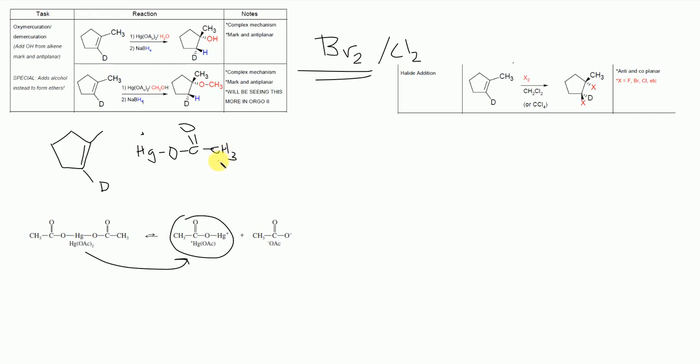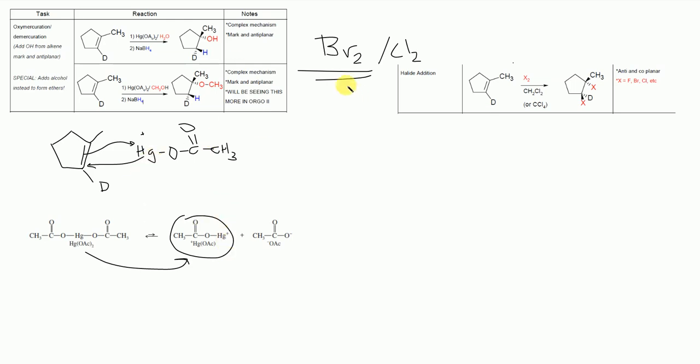So the double bond attacks this Hg, and the Hg attacks back, just like with the Br2, forming the triangular bond formation that we saw before.